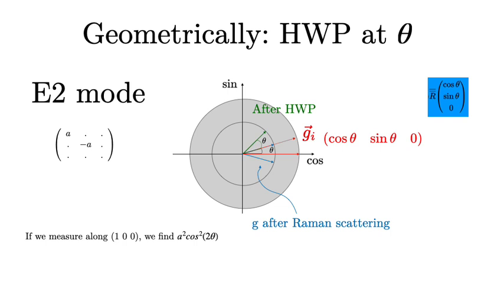And again, you see the 2 theta, so it's cosine 2 theta, and then the intensity is the square. Or you can have the length here if you measure along the 0, 1, 0. So this is all there is to it. And if you understand all this, you can apply this to any material, any tensor, any configuration you want. All that matters is to follow the arrows.